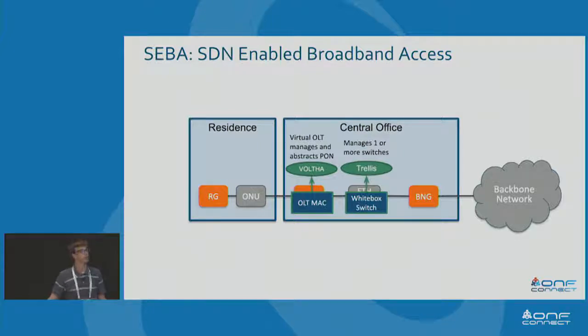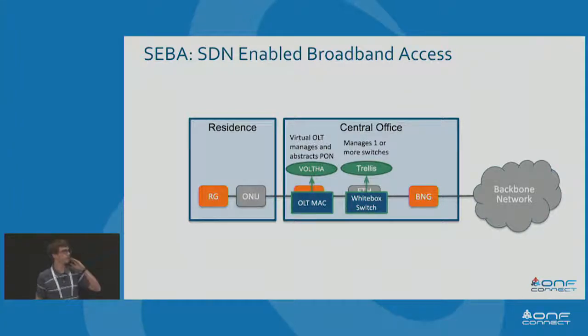Okay, so today you've seen that most of the main blocks of a central office in a SEBA pod have already been SDNized. For example, the OLT and the PON have been SDNized through Volta. Sorry, I'm Daniele. I'm an intern in ONF, and I've worked mainly on what I will present today.